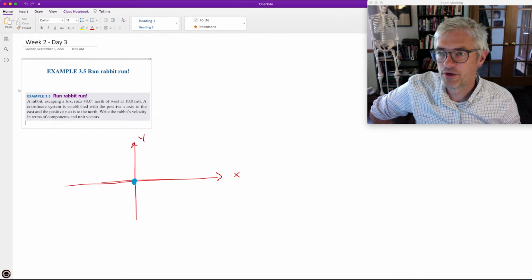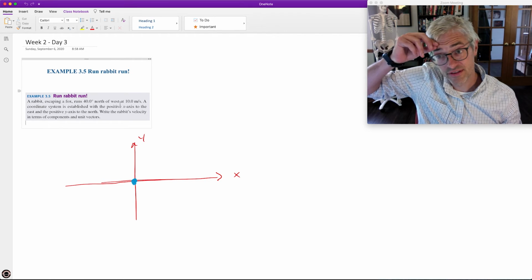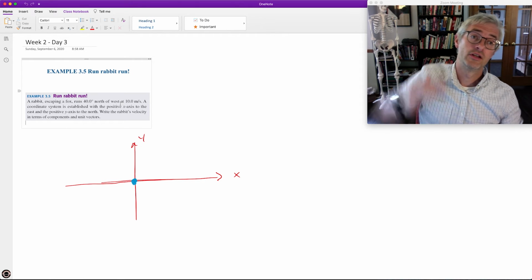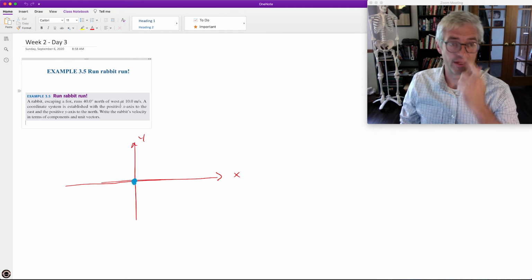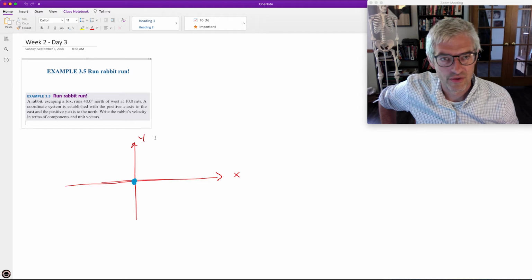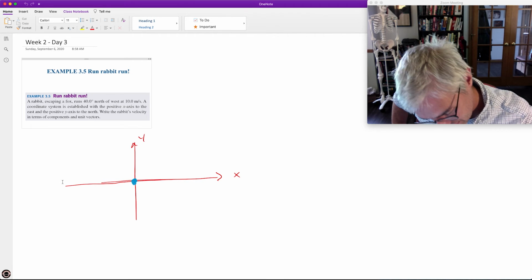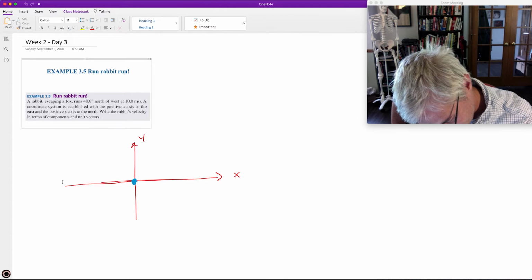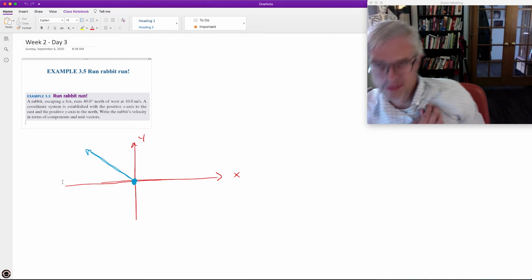It says it's 40 degrees north of west. So it's 40 degrees moving to the north side of west over here. So if I think I've got north on the y-axis, east on the positive x, south, west over here, the vector is going to be something like that.